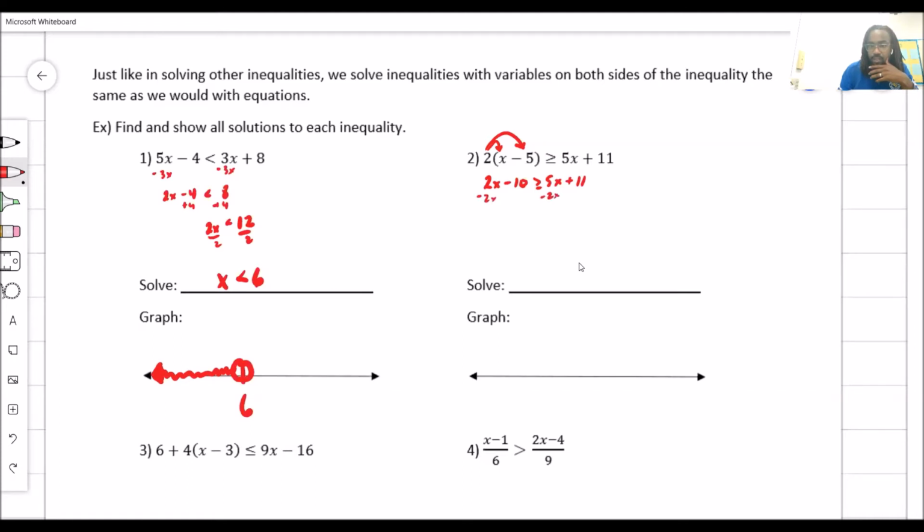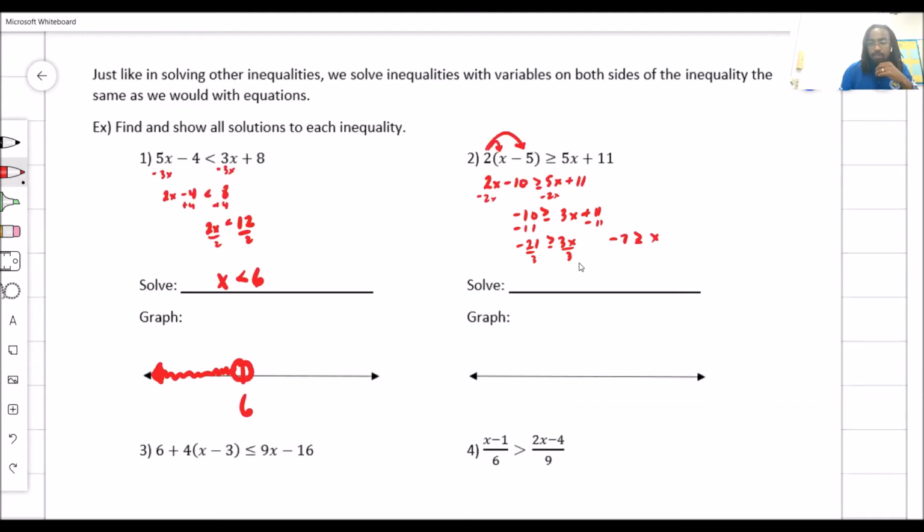And so that gives me negative 10 is greater than or equal to 3x plus 11. I'll subtract 11 from both sides. I get negative 21 is greater than or equal to 3x. Then I'll divide both sides by 3. And so I'll have negative 7 is greater than or equal to x.